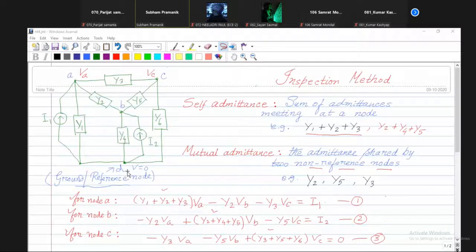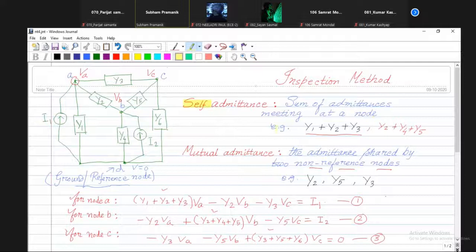That reference node is D. Other nodes are marked as A, B, and C. So the corresponding voltages VA, VB, and VC are marked. So if you observe node A, what is the self admittance term? Self admittance is the sum of admittances meeting at a node.